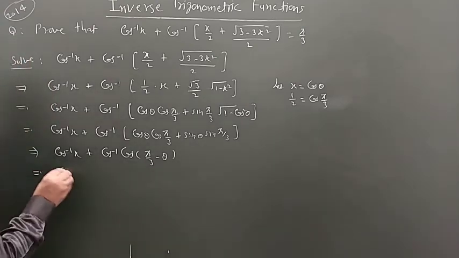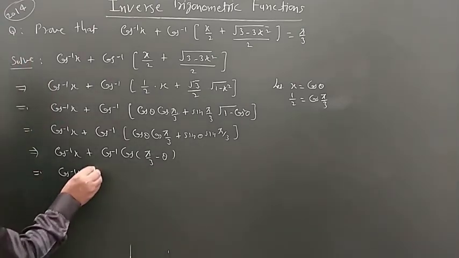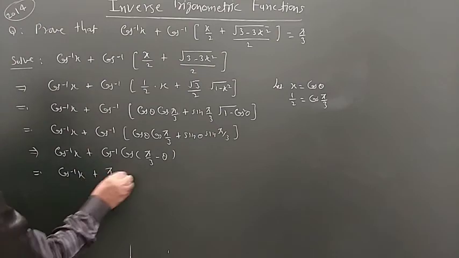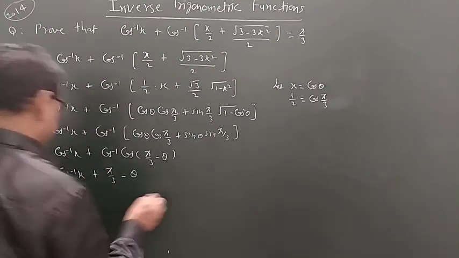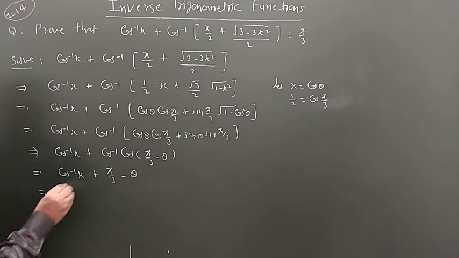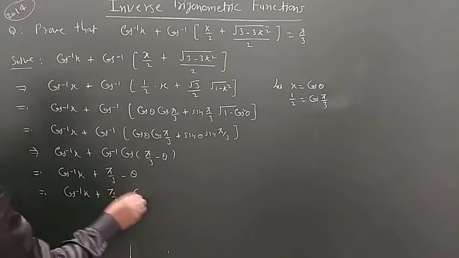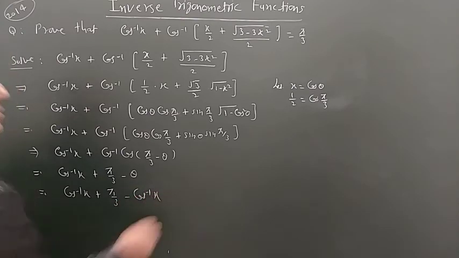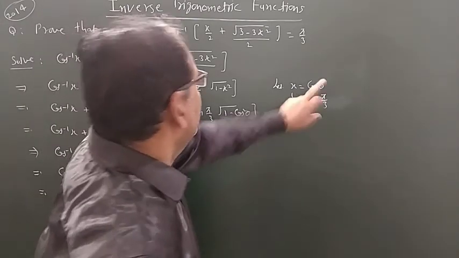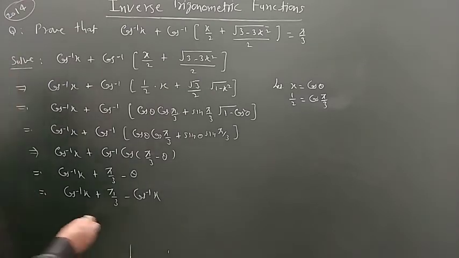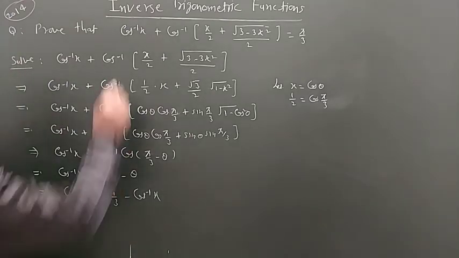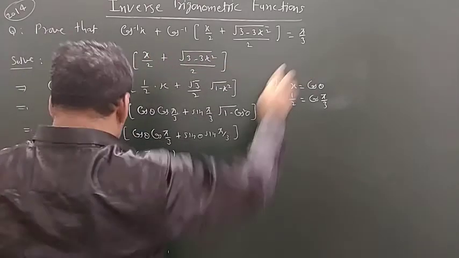This becomes cos inverse x plus pi by 3 minus theta. This becomes cos inverse x plus pi by 3 minus cos inverse x, because x equal to cos theta here. So we have only pi by 3. This is our right hand side here, pi by 3.